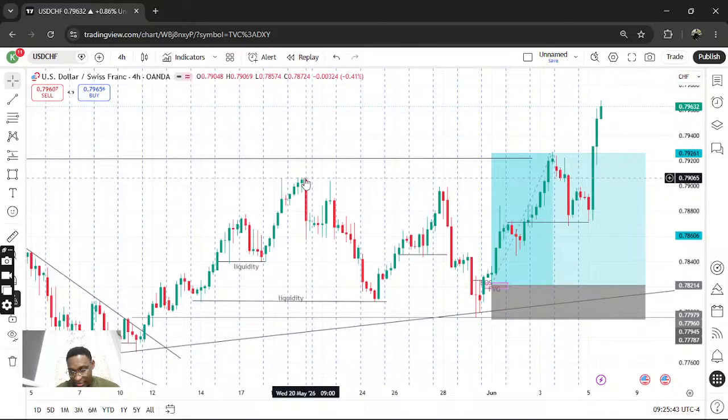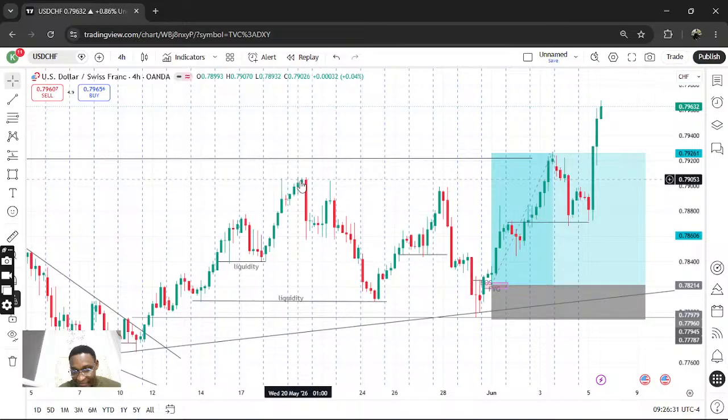All right. So what happened towards the New York session? The market traded up and touched this particular order block here and rejected it with this grave candle. See this grave candle that formed here? It created another pattern. Look at this pattern.